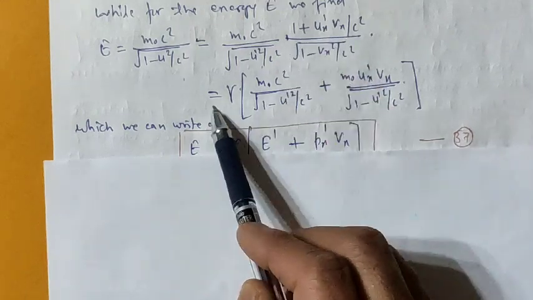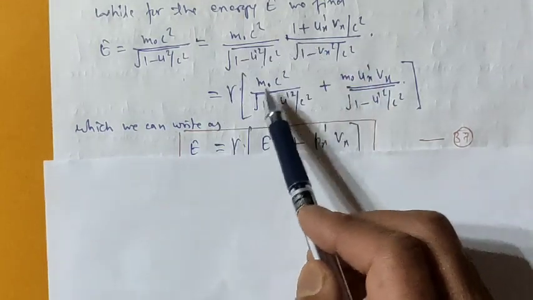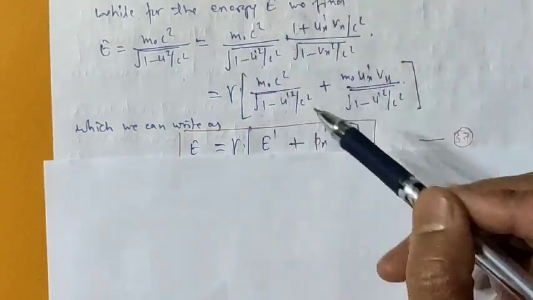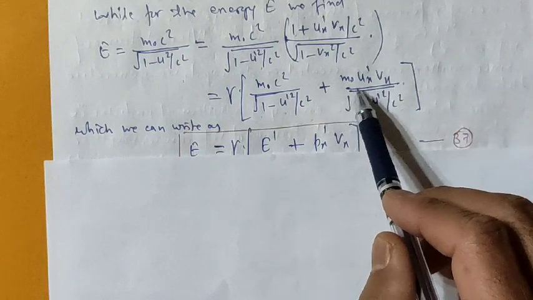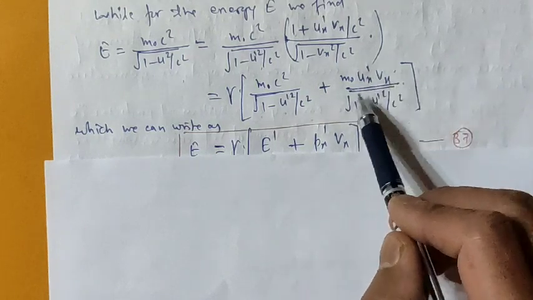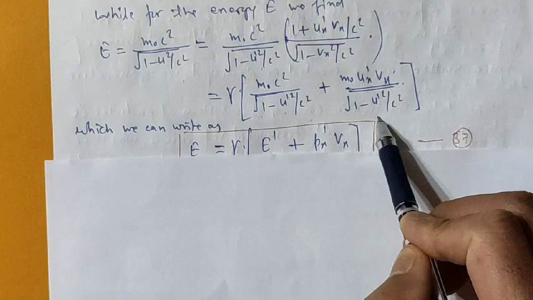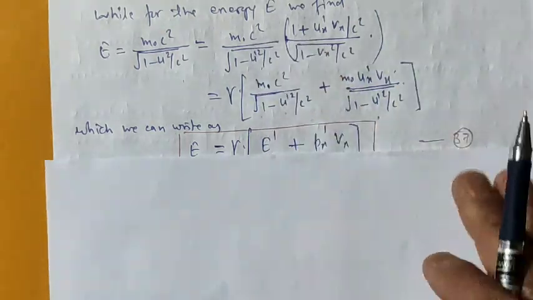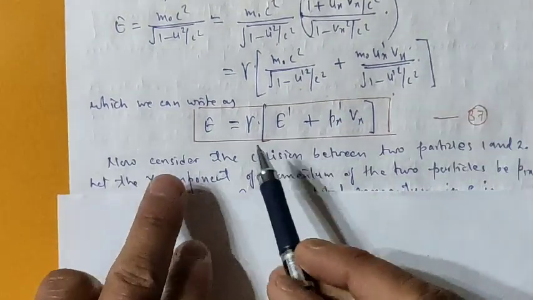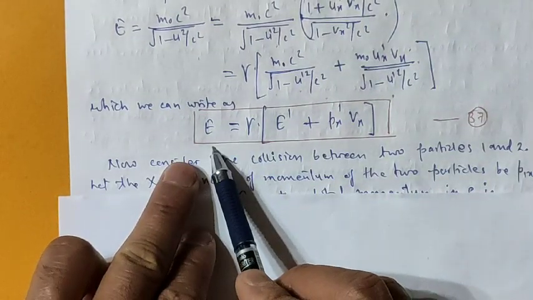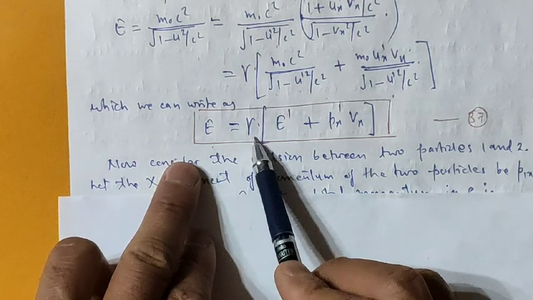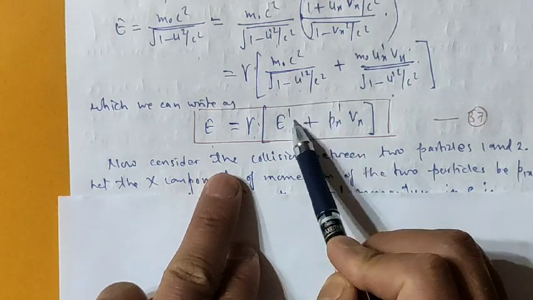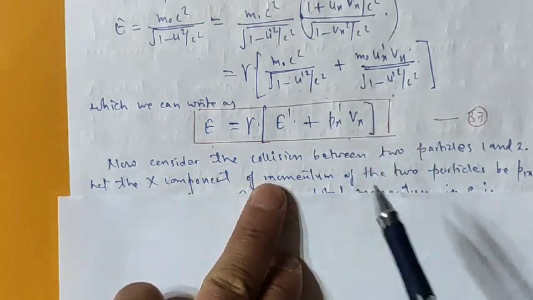I'm taking this term outside, it is gamma, then m naught c square divided by under root 1 minus u prime square divided by c square corresponding to this one. And then another term, m naught ux prime vx divided by this quantity. Because c square is over here, the c cancels out. However, this c is appearing with this one. Again I could write this energy E is equal to gamma times E prime plus px prime and vx.